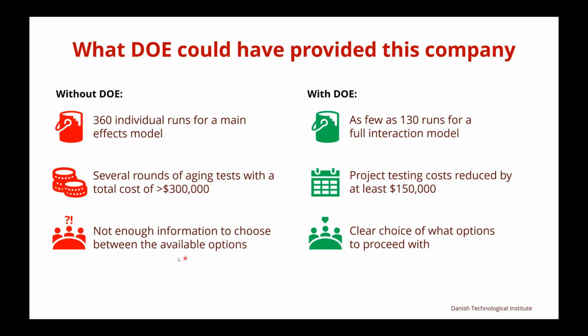And with the data they had available at that stage, it was really not enough to make a decisive conclusion on which combination of ingredients they should use for the paint they were investigating. But they could have achieved that with just 130 runs had they spent the time and effort to design this with DOE.